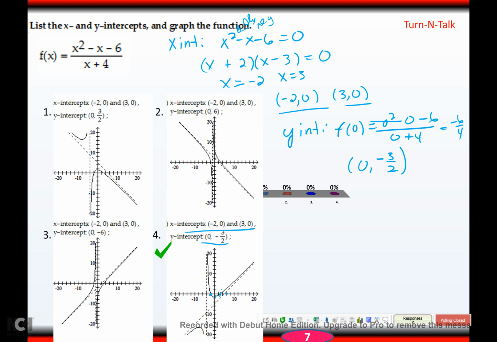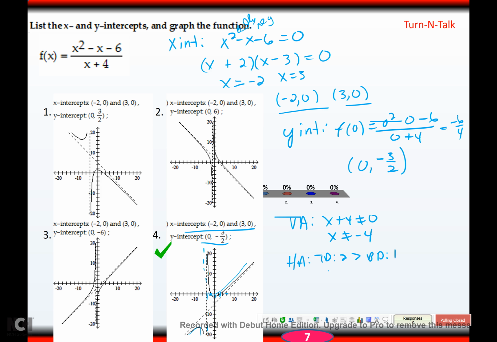The vertical asymptote is at x equals negative 4, because the denominator can never equal 0, so x can never equal negative 4. Your horizontal asymptotes, the top degree is 2, the bottom degree is 1.